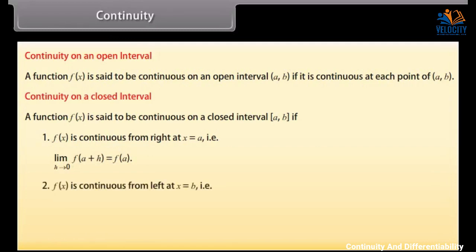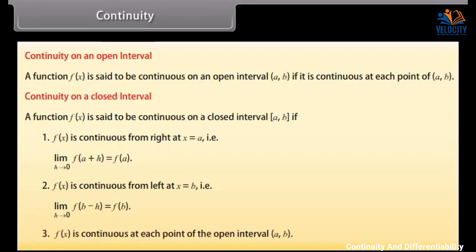Two, f of x is continuous from the left at x equal to b, that is, limit h approaches 0 of f of b minus h is equal to f of b. Three, f of x is continuous at each point of the open interval a, b.